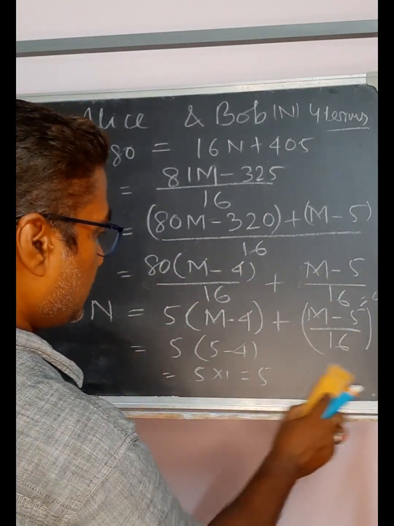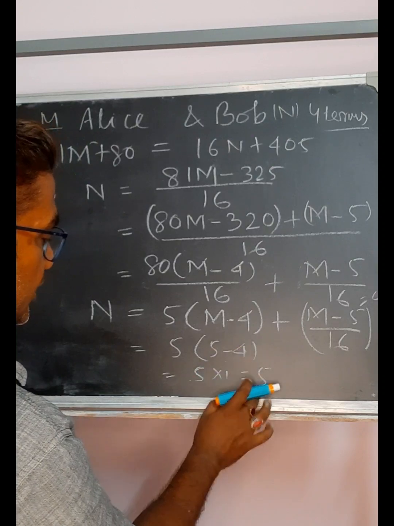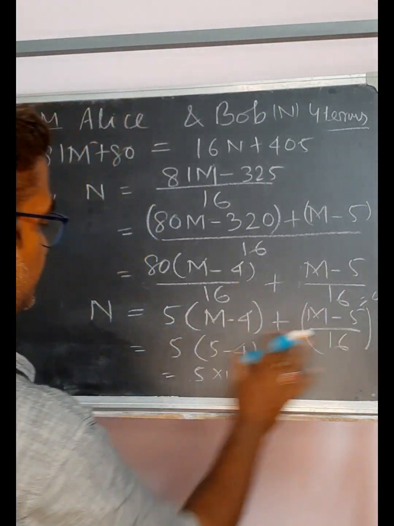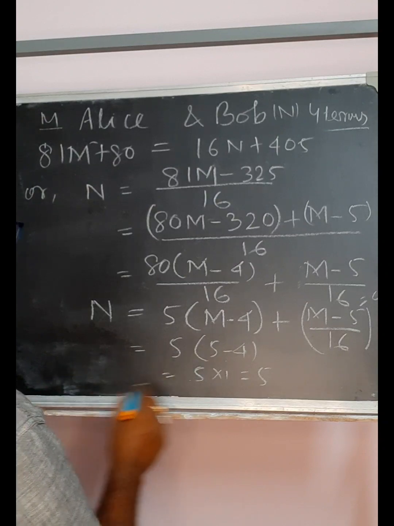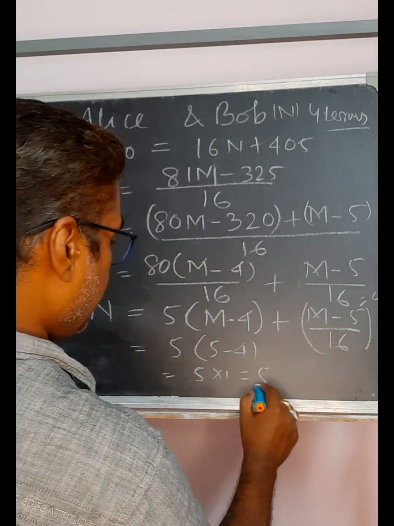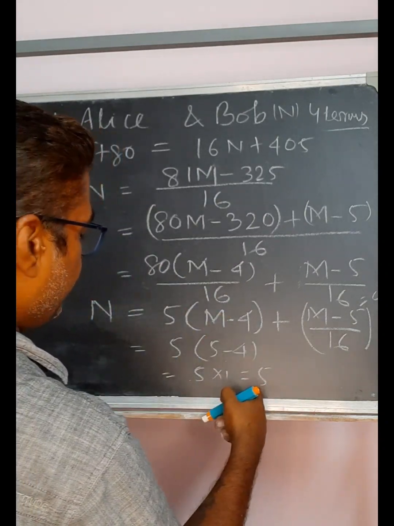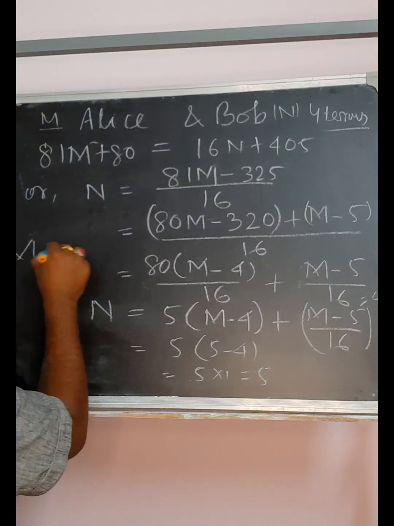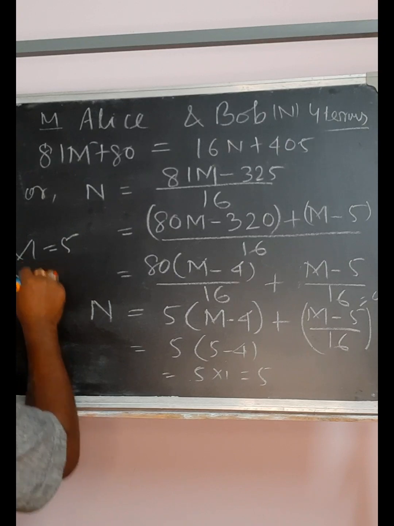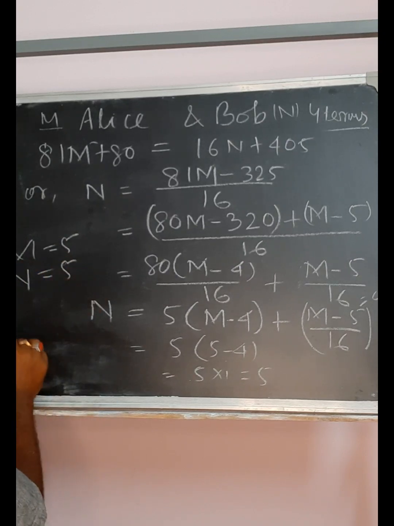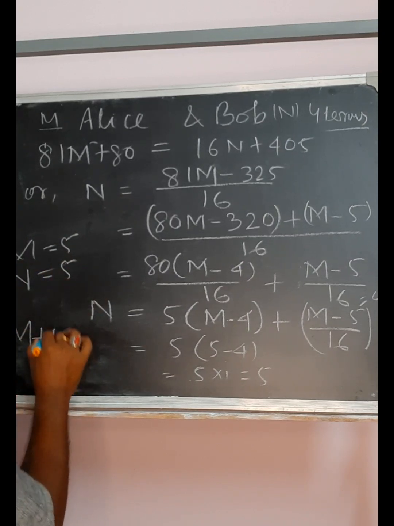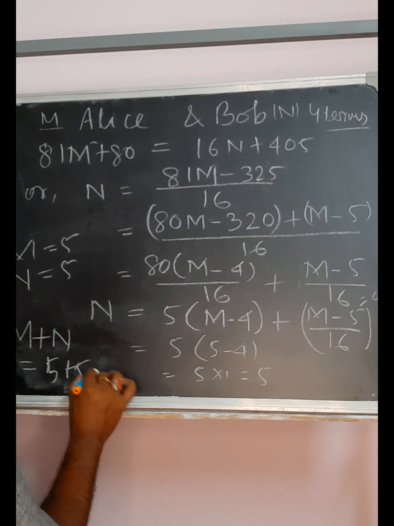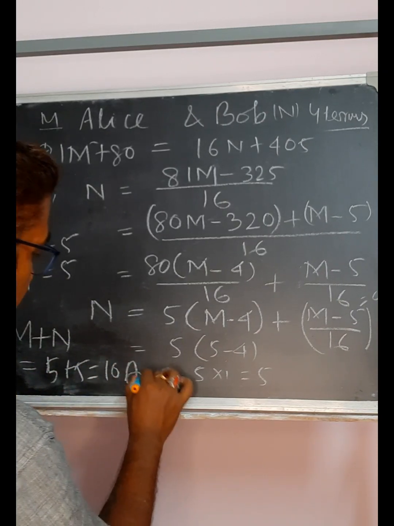So m equal to 5 is definitely the smallest value of m for which this expression will satisfy. So if I take m equal to 5, n is also coming 5. So the combination is m equal to 5 and n equal to 5. So logically the smallest value of m plus n will become 5 plus 5, which is 10. So this is your answer.